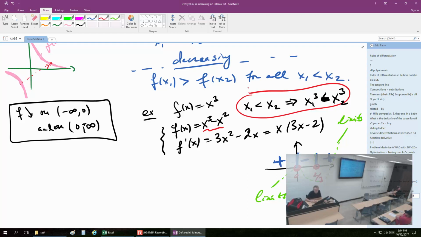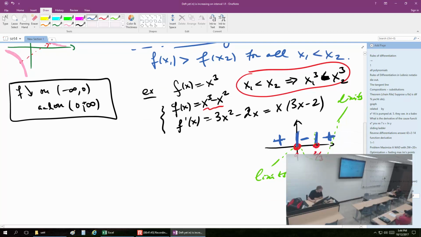So let me state the theorem that we're going to be using, and that is the monotonicity theorem. Once again, there must be restrictions on the function. The function has to be differentiable.